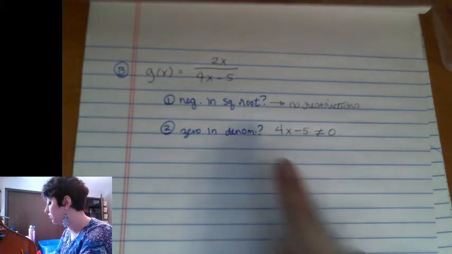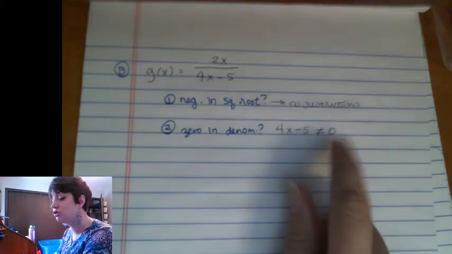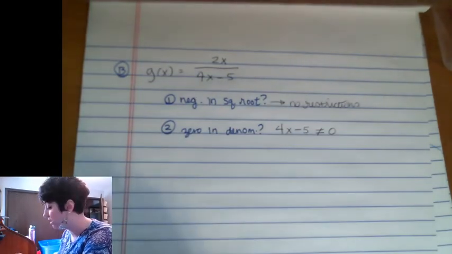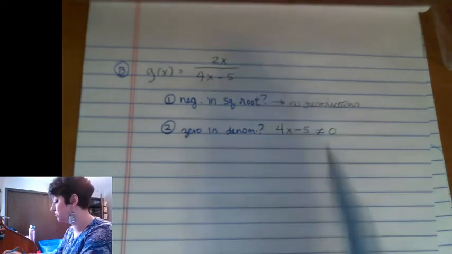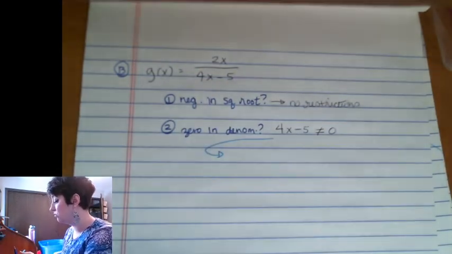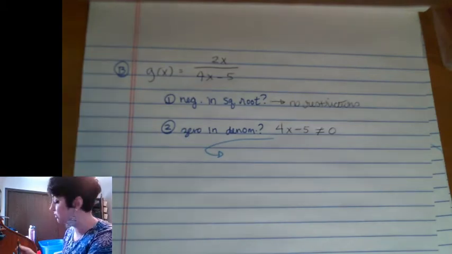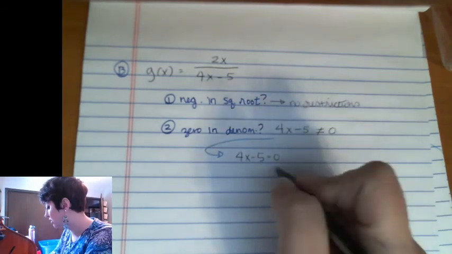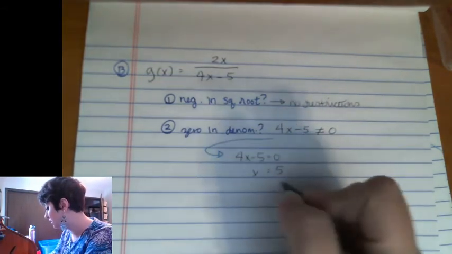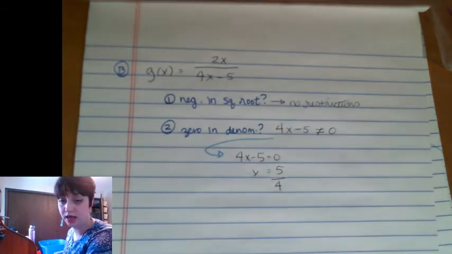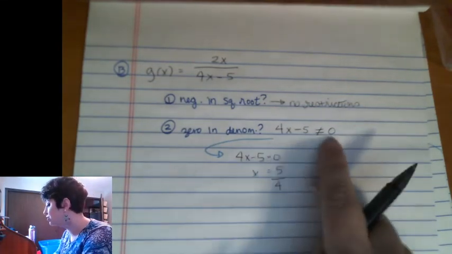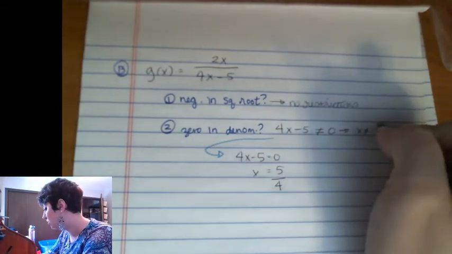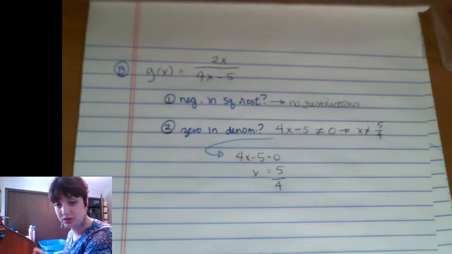So here's my condition, but for domain, since we're talking about x's, I need to rewrite this in terms of x's. So I'm going to solve: when does 4x minus 5 equal 0? Well, you add 5, and then you divide by 4. So I get that x is 5 over 4. If I don't want 4x minus 5 to be 0, then I don't want x to be 5 over 4.